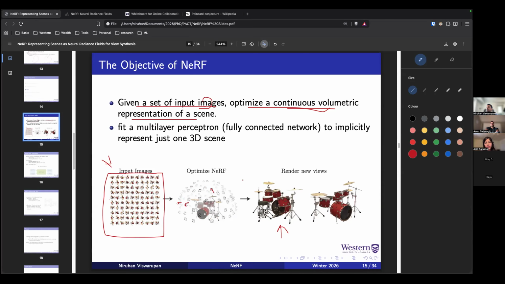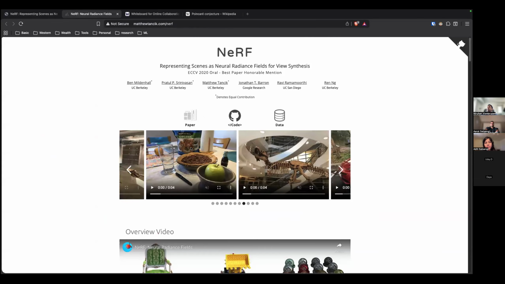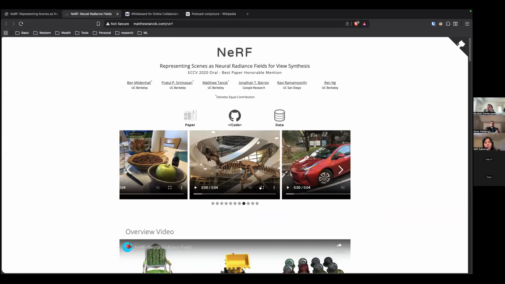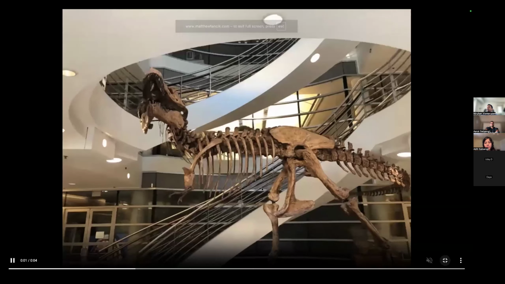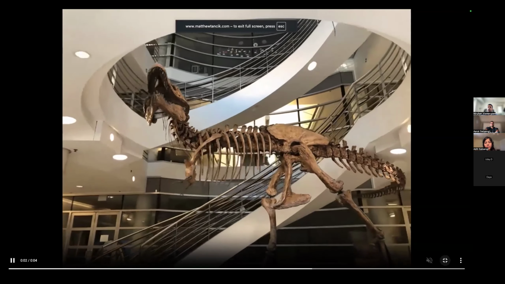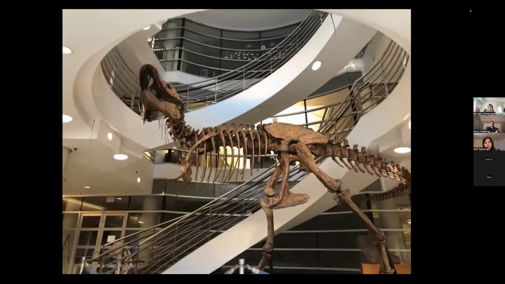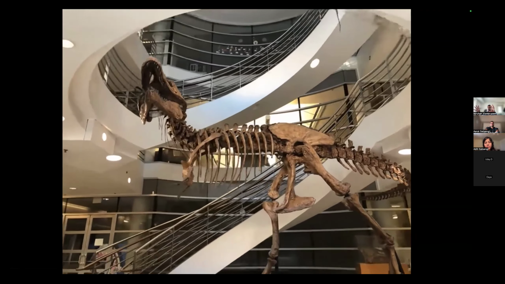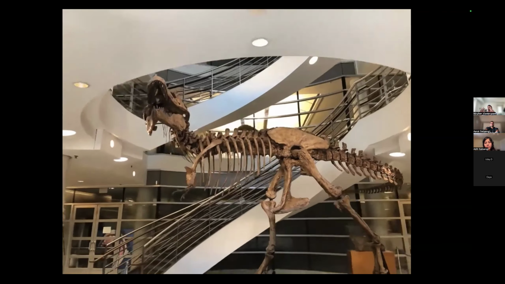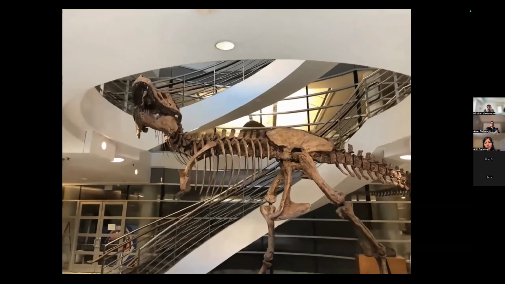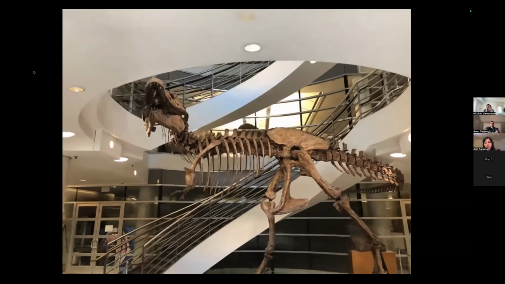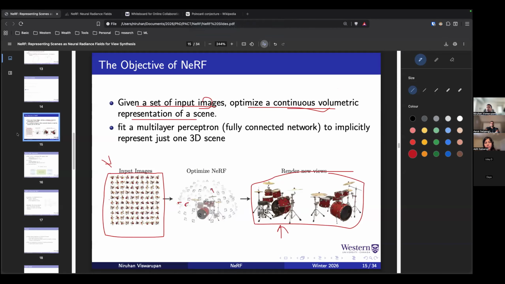Then you train a network. Then you get a continuous representation, where, as you have seen, they are doing a continuous movement. They didn't take a video, right? So as Arath mentioned, they don't have information for every viewpoint, but after training it is able to generate outputs for every point.